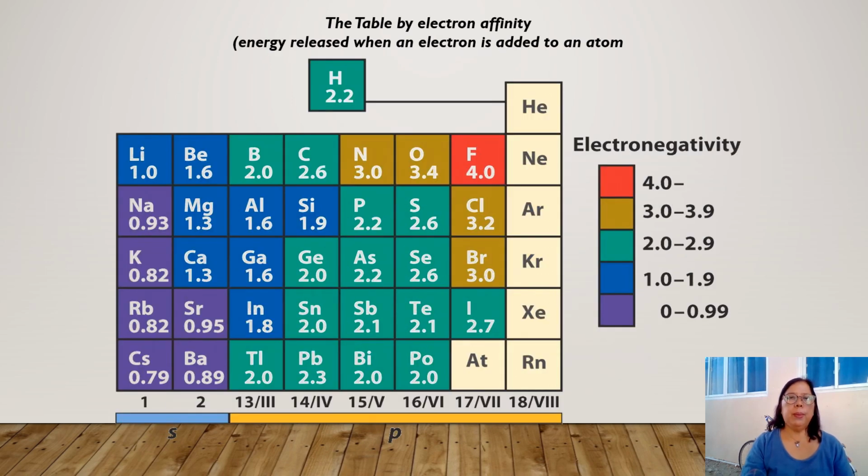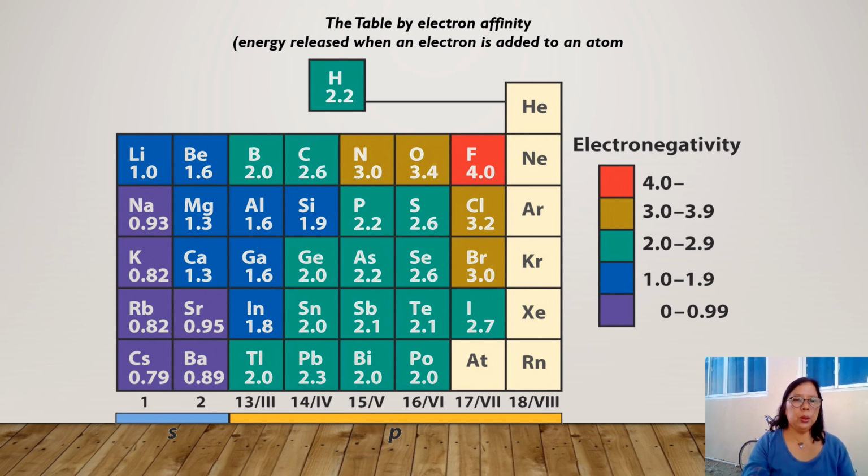Okay, the table by electron affinity. In terms of electron affinity or electronegativity, you will see that in group 1, lithium has an electronegativity of 1.0 to 1.9. So it follows the transition between beryllium, magnesium, aluminum, silicon, calcium, gallium, and indium.